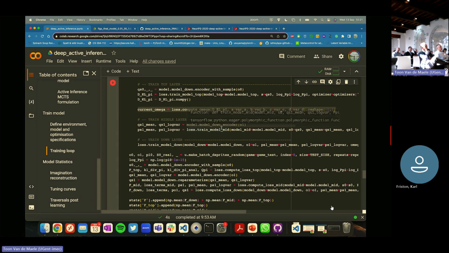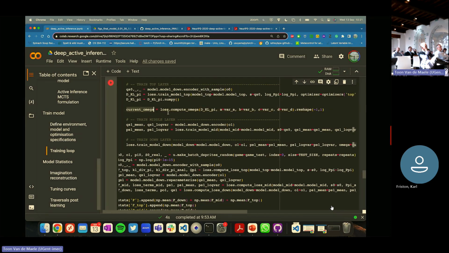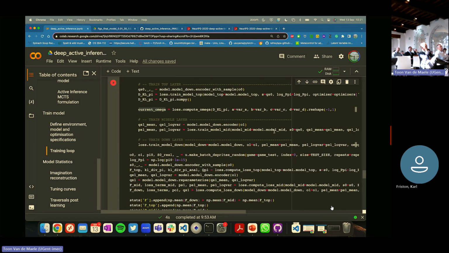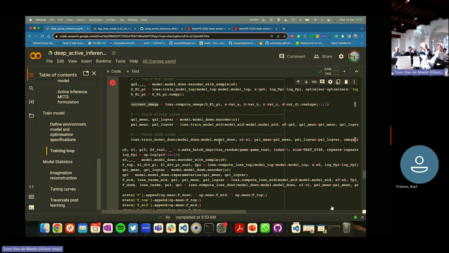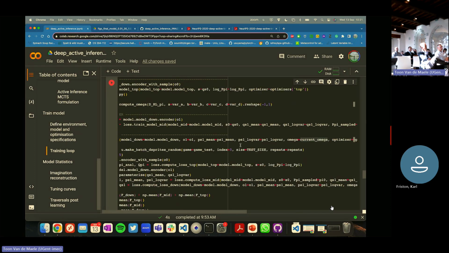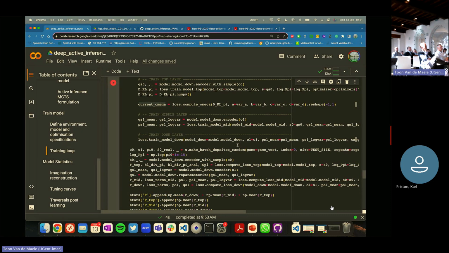That's the key thing. We update the omega term online, and this omega term is then passed to the transition optimization objective here. So when we calculate the loss and optimize based on this loss, we're doing it online, which is quite nice. That's why it's a nice way of annealing the precision over how well we've learned the transition dynamics. We also do it for the lower level, where we start using the non-uninformed prior, which would be the policy-conditioned prior.